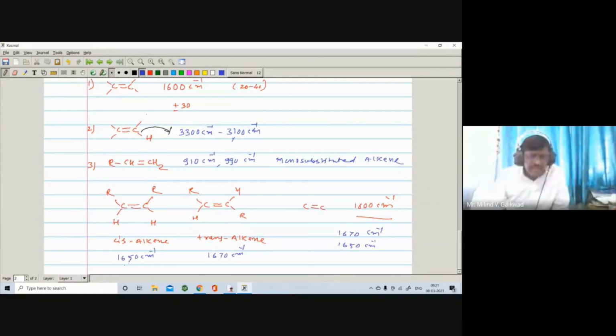In general, we may say that cis will appear at lower vibrational frequency and trans at higher vibrational frequency. If you are given two values, then you have to remember it like this.